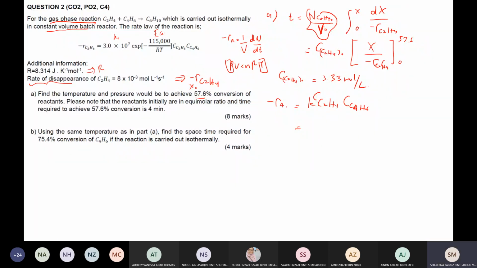Sekejap, ni saya buat lagi elok lah. Sekejap, saya tulis kat sini lah. So negative RA not is equal to K, C C2H4, and then C C4H6. And then we have K, C C2H4 at 0 time initial, sebab dia bagi dalam initial. 1 minus X daripada sini.